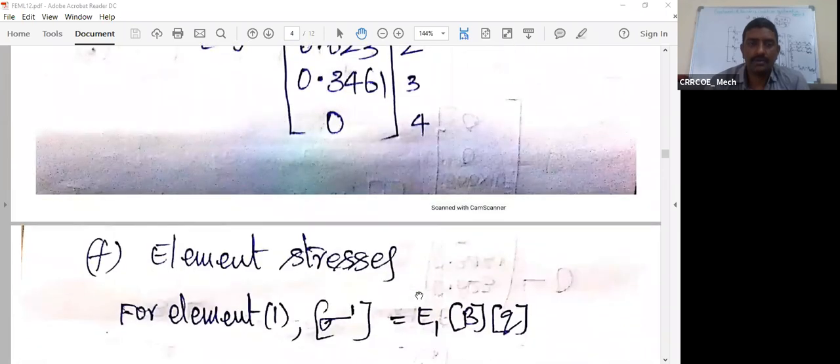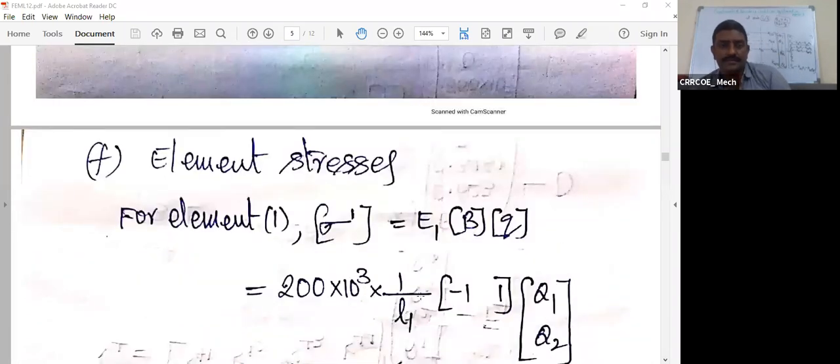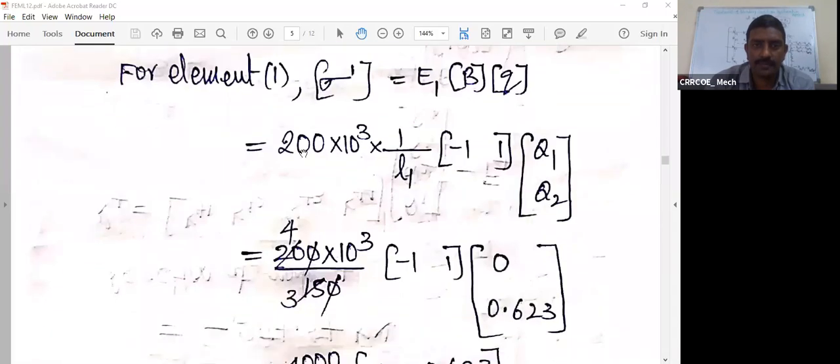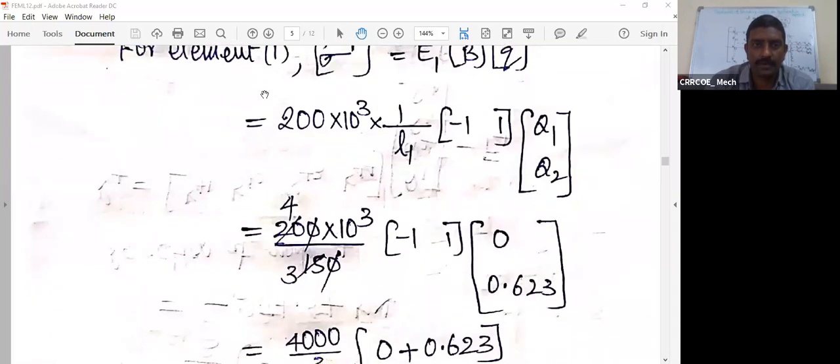Now calculate the element stresses for element 1. This is the relation: sigma equals Young's modulus into B matrix into Q matrix, the element B matrix and Q matrix. Young's modulus is 200 into 10 cube, and the B matrix for a 2 node bar element is 1 by element length times minus 1, 1.